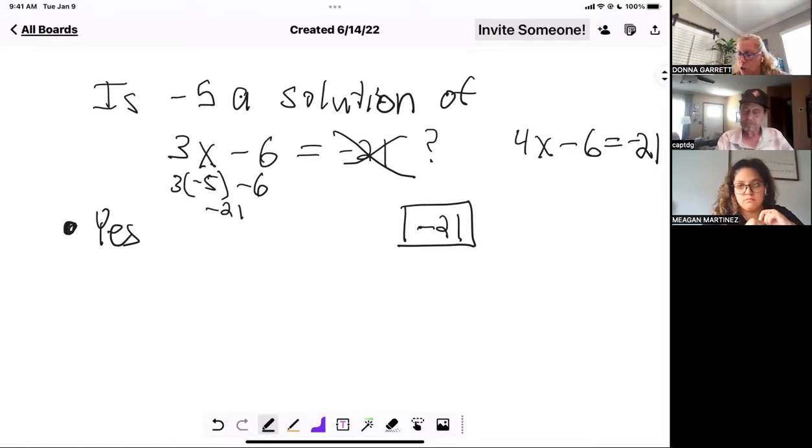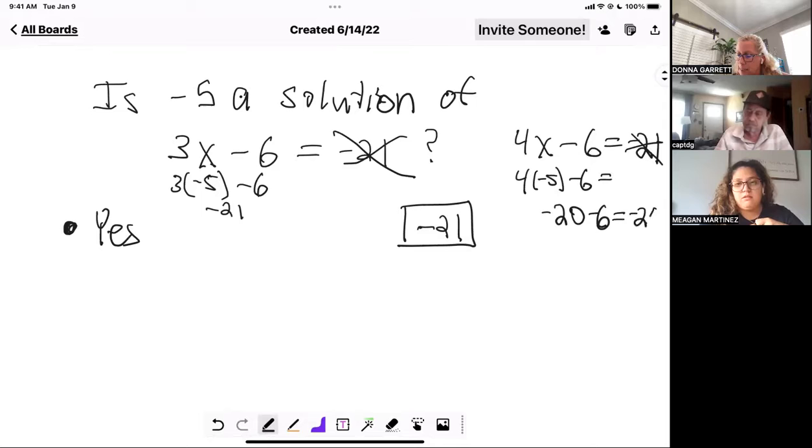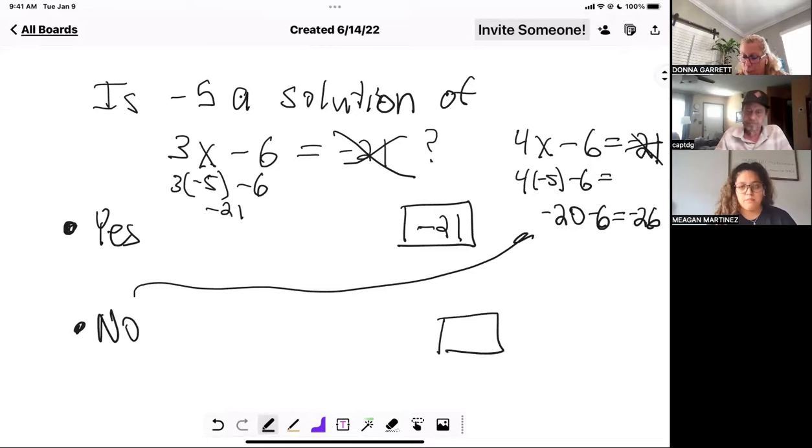Just like before, you're going to put the -5 in. -20 minus 6 equals -26. So you would say no for this one, and in the box you're going to put that you got -26. All those words are just: yes, I got -21, or no, I got -26, doesn't equal -21. That's all those boxes are saying.